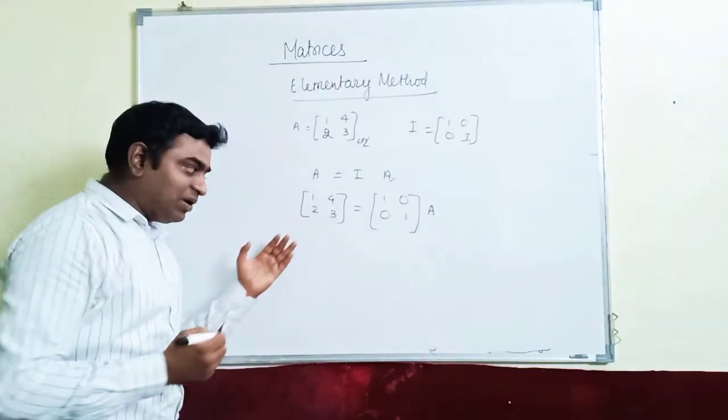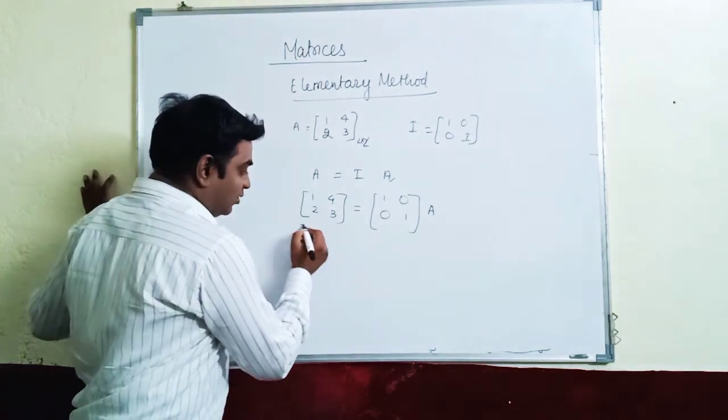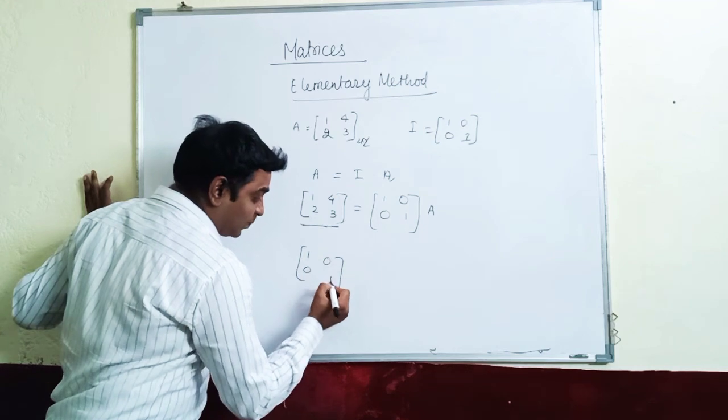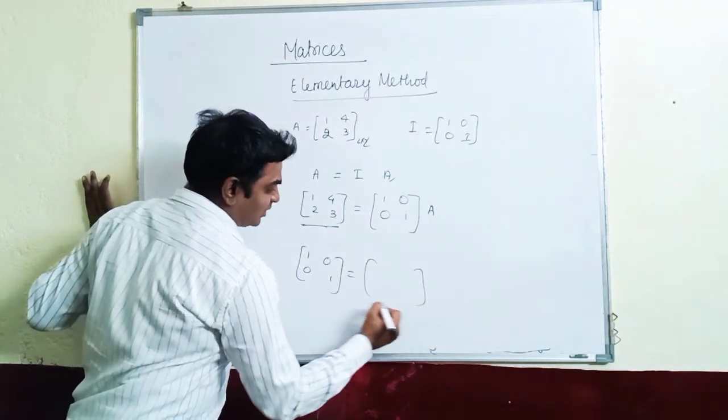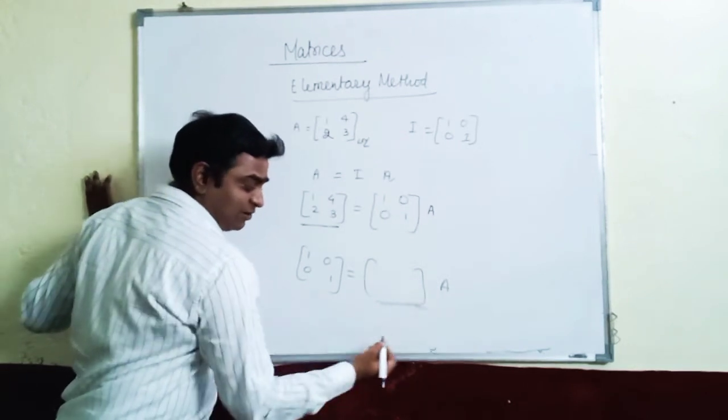And you have to simplify this equation in such a way that this value becomes I, meaning 1, 0, 0, 1, and whatever value comes here, a multiple of A will come.